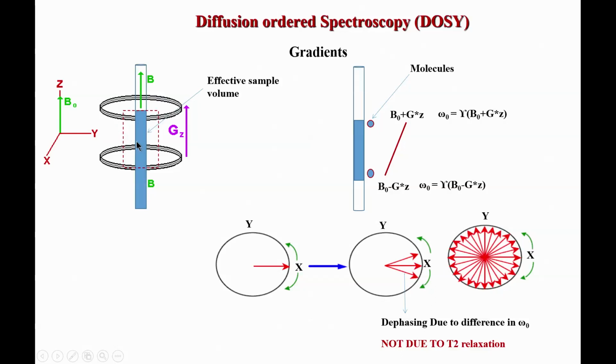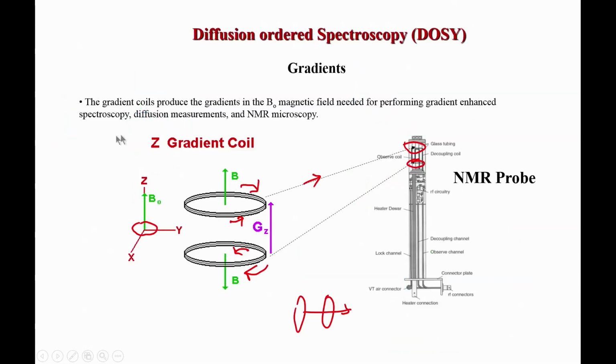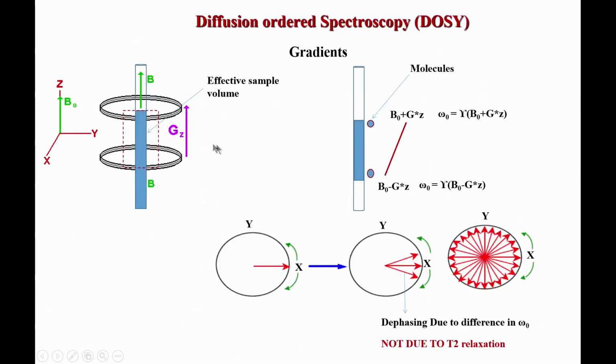It is not shown here, you can think of this dotted line also as an RF coil, but remember, if you go back to this picture here, what you can see is that the gradient coils are sitting at the ends of the RF coil. So, the RF coil is like this, with the gradient coils on top and bottom of the RF coil. So, this is what is shown here. You can think of this middle portion as the RF coil, and the top and the bottom are basically your gradient coils. Now, what is shown in this dotted box, or the one which is covered by the RF coil, is our effective sample volume.